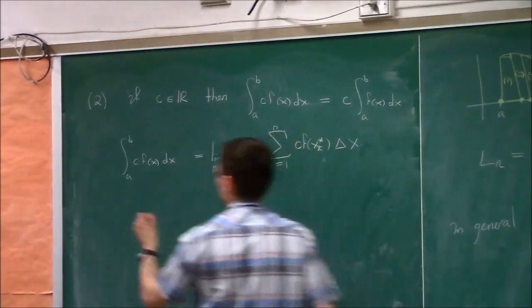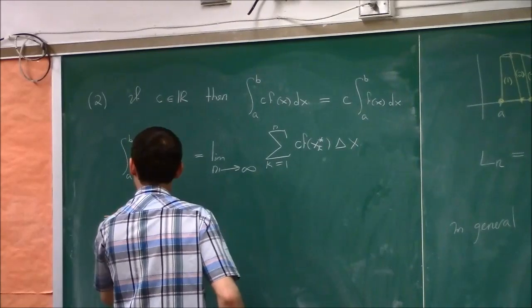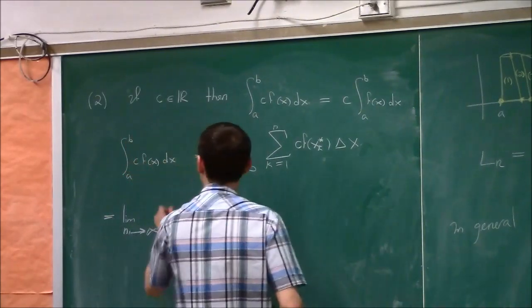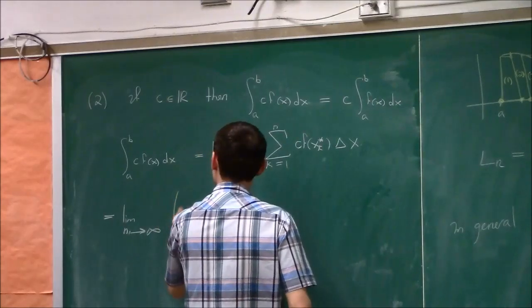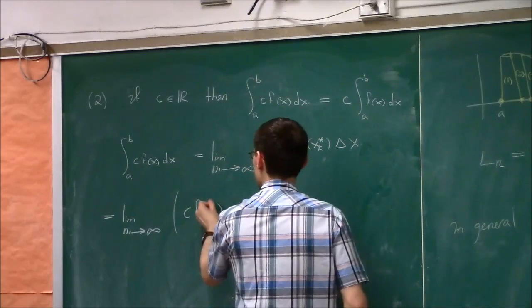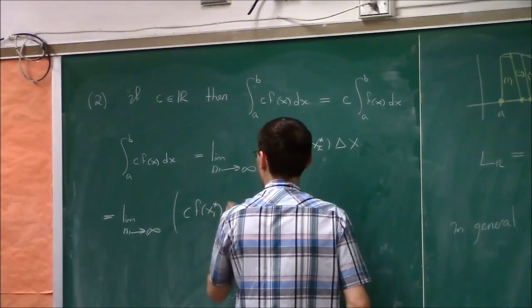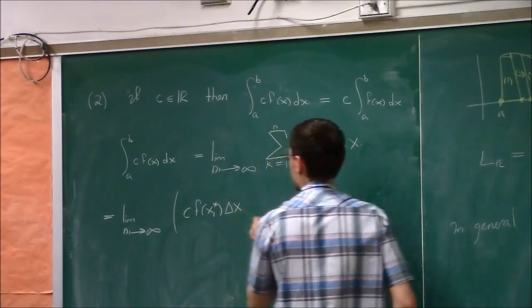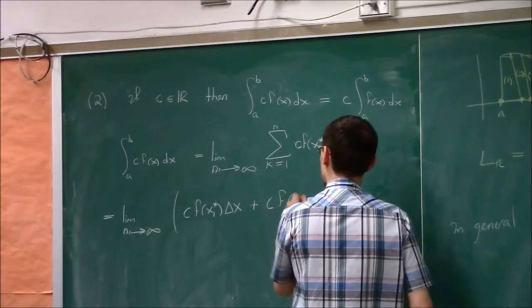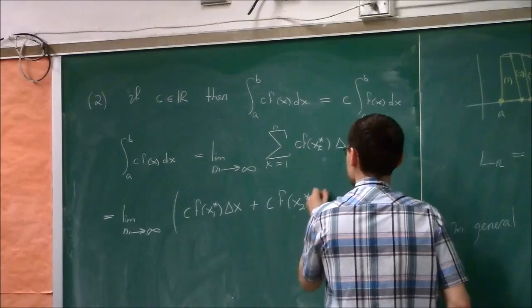It just means that we have the limit where n goes to infinity of C times f of x_1 star times delta x plus C times f of x_2 star times delta x, and so on.